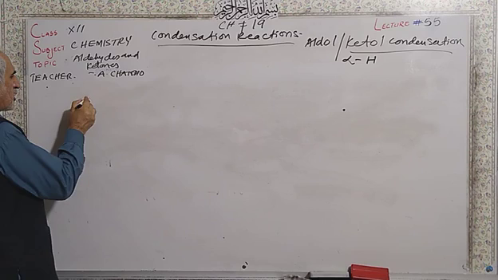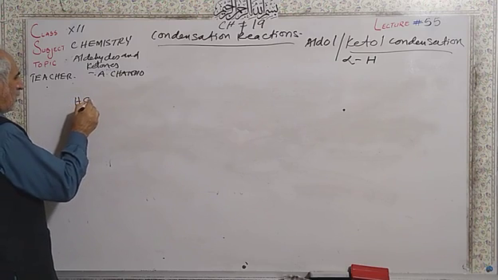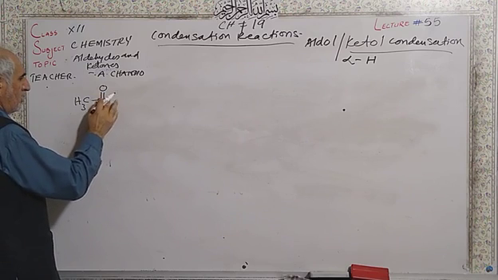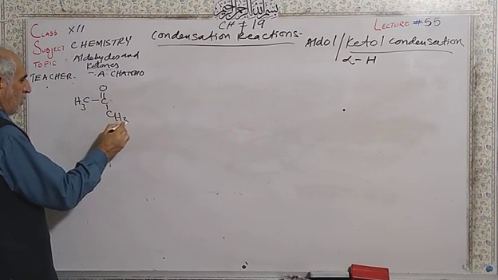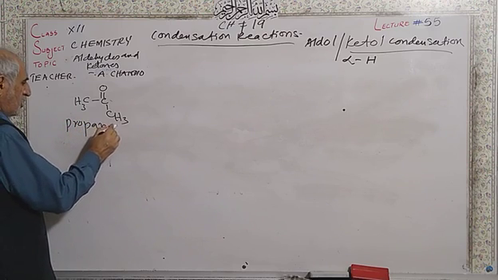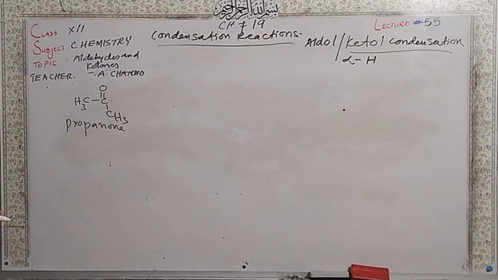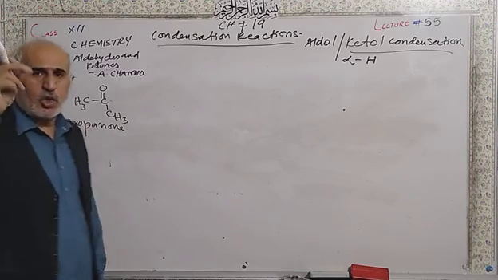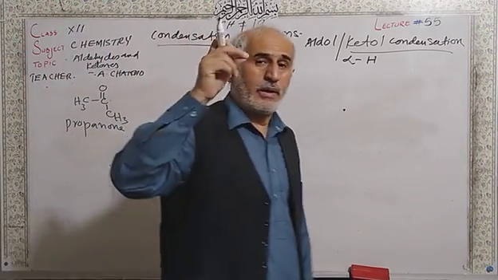So different ketones. This is the propanone, acetone. This is the functional group. This is also alpha carbon. This is the alpha dash carbon. Two alpha carbons, and the functional group carbon.